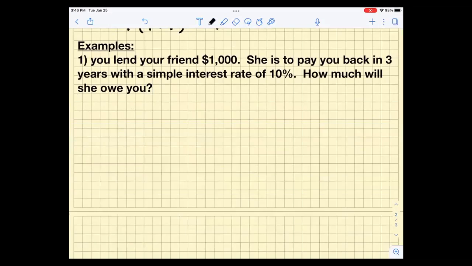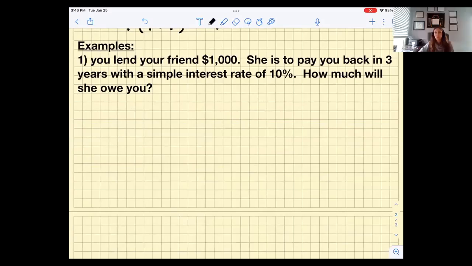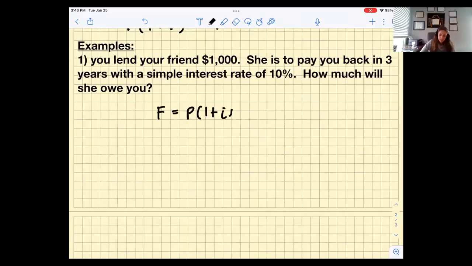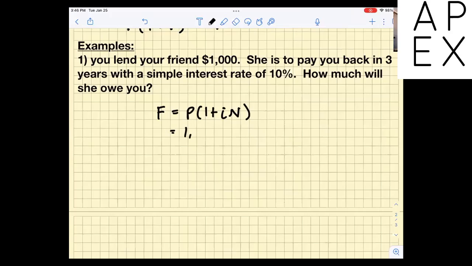Is 1,300 too simple of an answer? No, we are talking simple interest. So we are using this equation F equals P times 1 plus I times N. So what do we plug in for P? 1,000. 1,000 times 1 plus, what do we plug in for I? 10%, which is 0.1, so to be careful, always put it in decimal form.